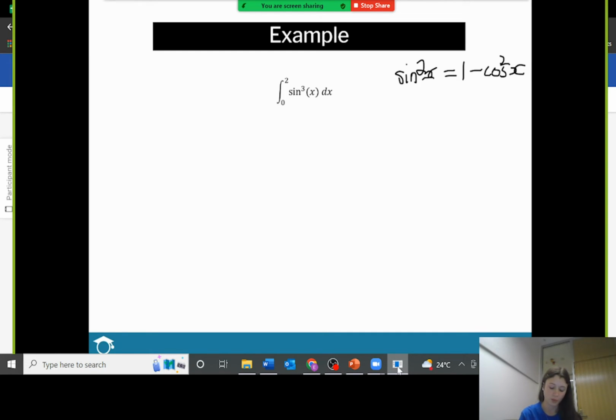What that allows us to do is cancel out the extra sine, which we'll get into.